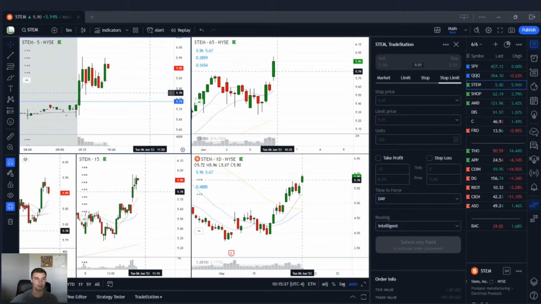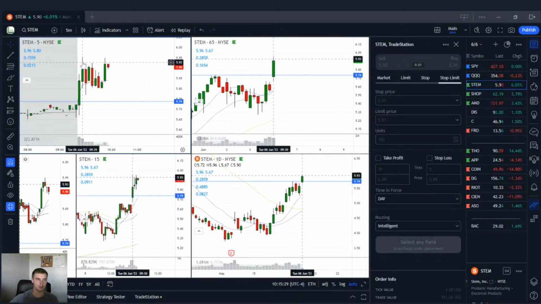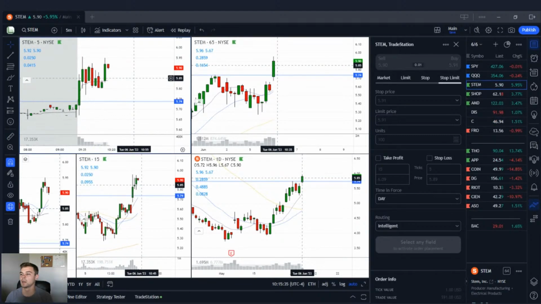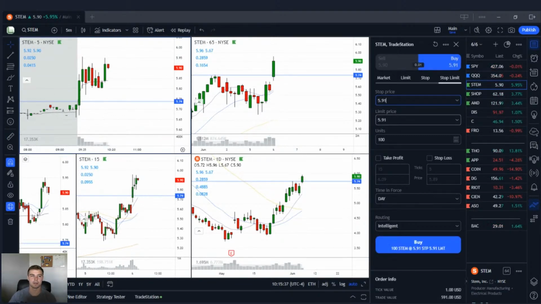That STEM still looking very interesting. 596 by 577. Looking at it. Ooh. A lot of range.